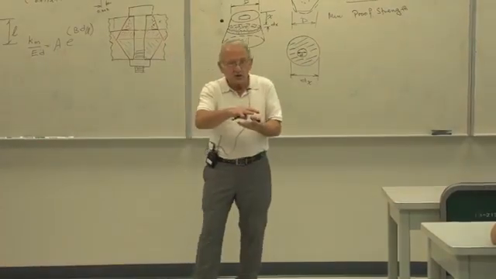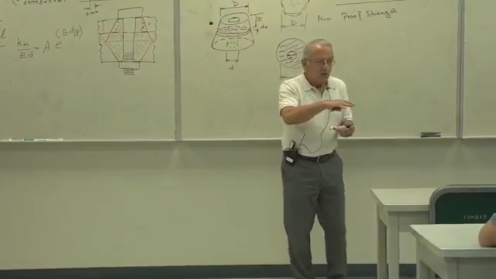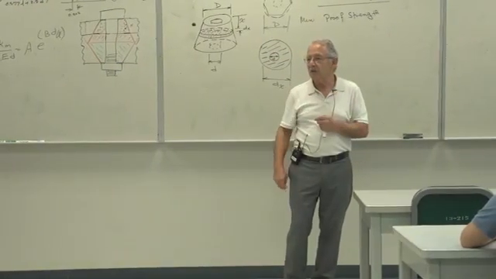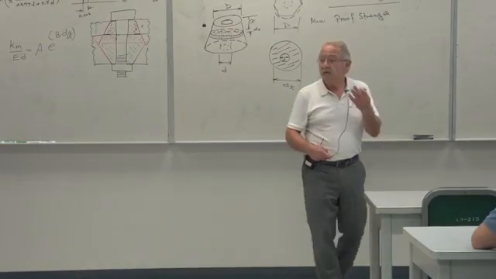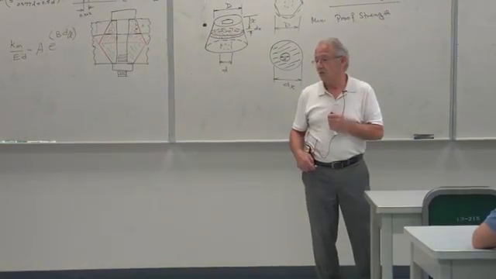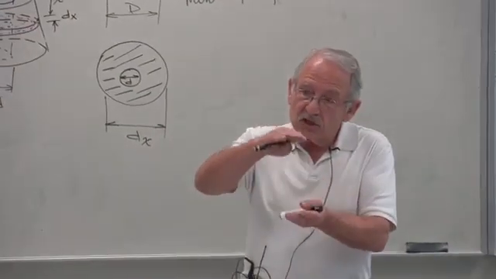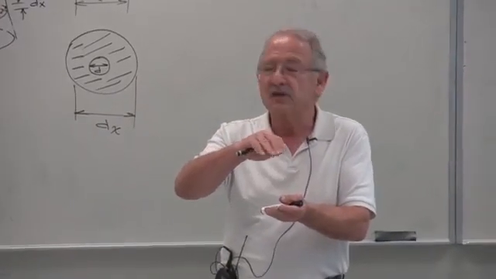It's under compression to begin with due to the preload. We relieve the compression a little bit. Therefore, the force in the member decreases to the tune of its stiffness. The amount that we increase that length for the member and for the bolt are exactly the same.